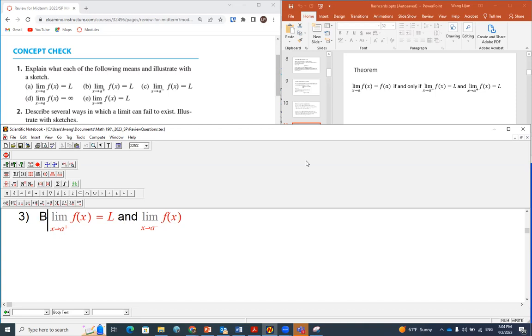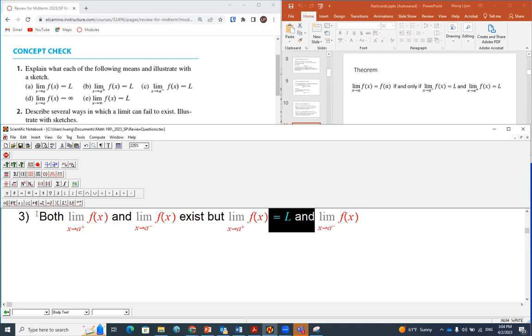Both exist, but they're not the same. We've seen plenty of these examples, right?